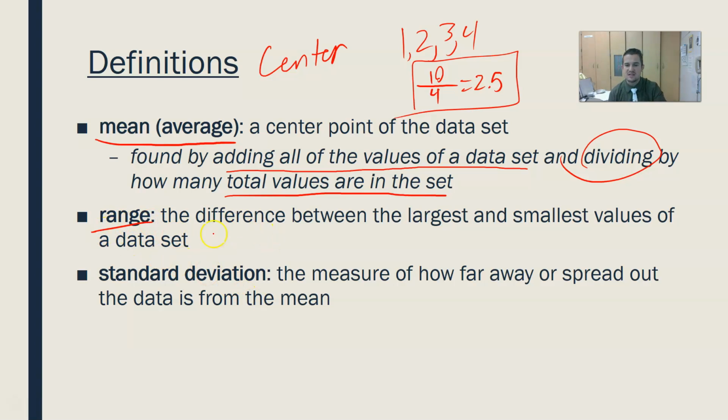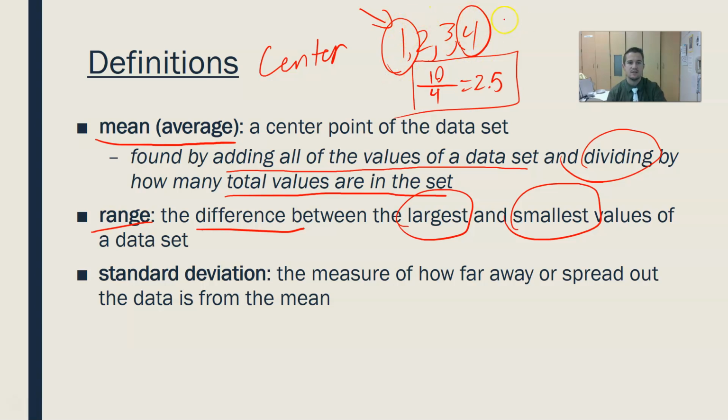It's a measure of center, kind of right in the middle of the data. And I find that by adding all the values up and dividing by how many total values there are. The range is the difference between the largest and the smallest values of a data set. So in this really easy, small example, the range would be the biggest value subtracted by the smallest value, 4 minus 1, which would be 3. That would be the range. It kind of gives me an idea of how wide, expansive the data set is.